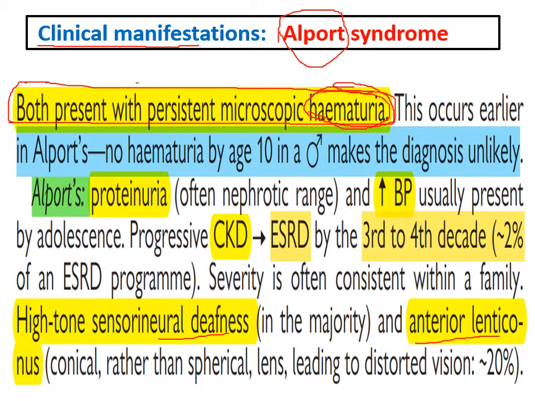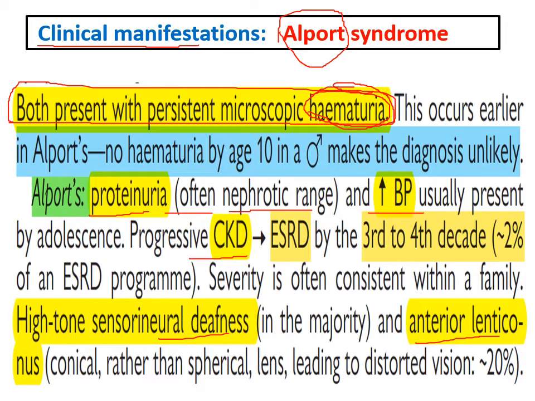It is usually the first and most important presentation, but there is also proteinuria, which is progressive with age. With increasing age, proteinuria increases, and it can reach nephrotic range. Also, blood pressure increases with age, and there is progressive renal impairment.